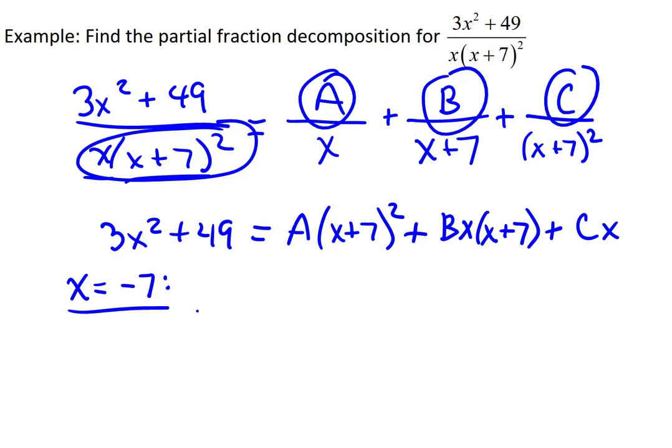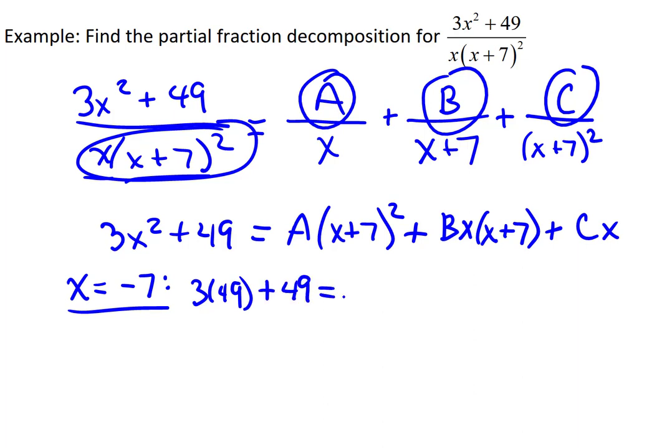Now, if I pick x to be -7, of course, I have to plug it in for every x in this whole equation. So that will turn this into 3 times 49. That's the -7 squared plus 49. That's the left side of our equation.